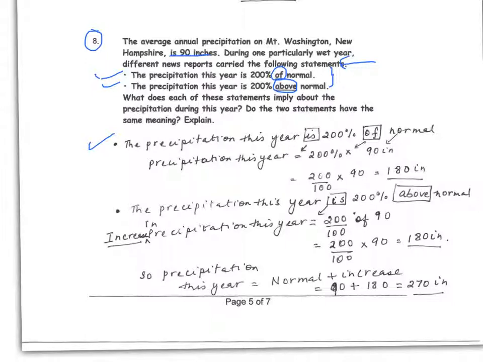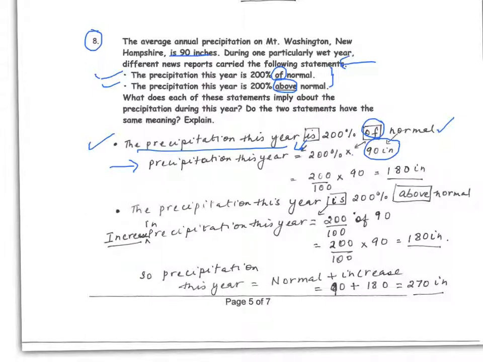So the first statement says the precipitation this year is 200% off normal. So this is exactly what it says. So let's convert that into an equation. So we write the mathematical version of it in the form of an equation. So precipitation this year is, so is translates to an equal to sign, is equal to 200% of, of translates to multiplication, the normal precipitation, which happens to be 90 inches.